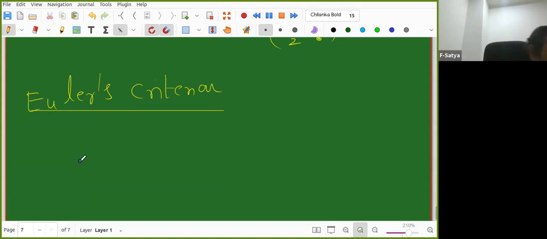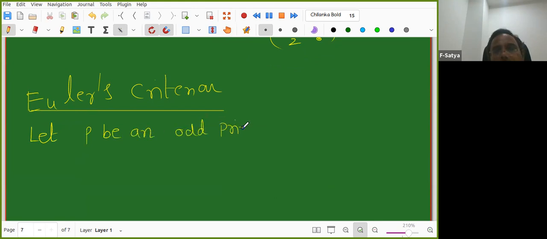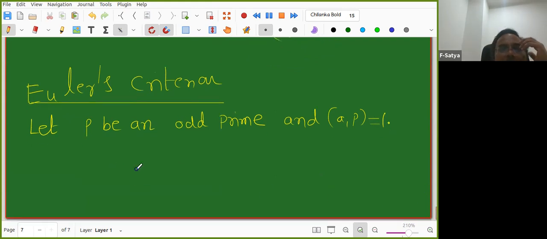What the theorem says is: let P be an odd prime and gcd(A, P) = 1. I want to check whether A is a quadratic residue or not, but instead of stating the theorem, let us first explore, then it will be beneficial for us. So the question is: when is A a quadratic residue, and when is it not?